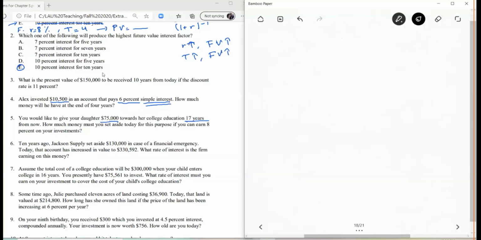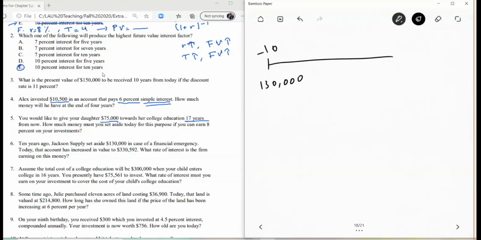Number 6, 10 years ago, so in year minus 10, Jackson Supply set aside 130,000 in case of a financial emergency. Today that account has increased in value to 330,592.